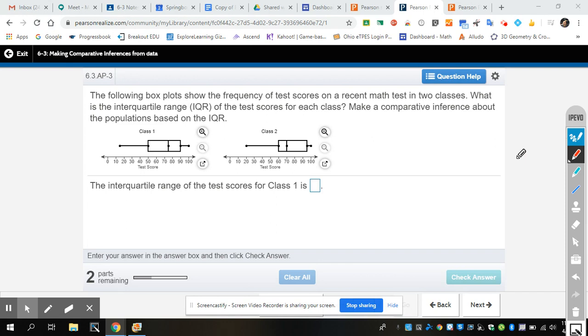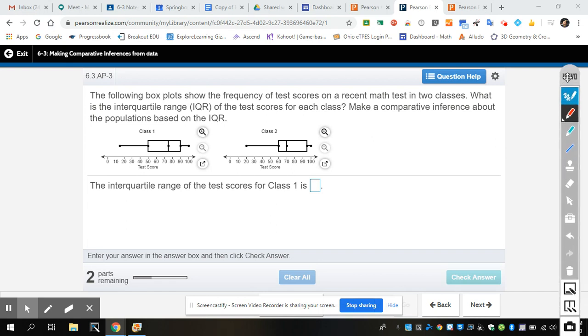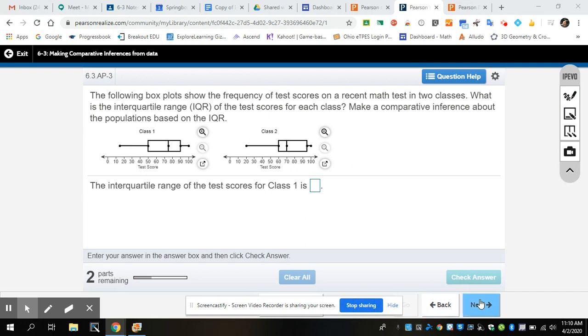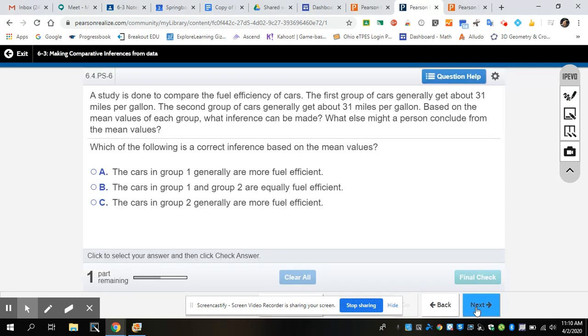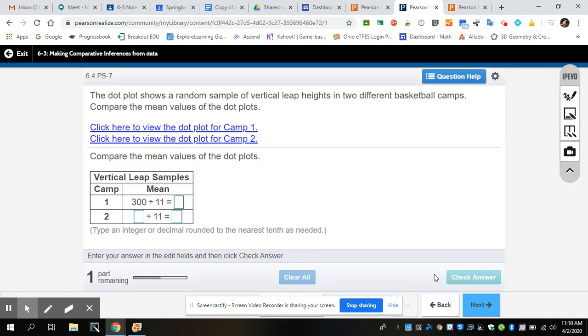It breaks it all up into 4 equal parts and just tells us kind of how the data works together rather than individually. Okay, so I believe you're just going to have to look at these and try to figure out what it means when you've got this and that.